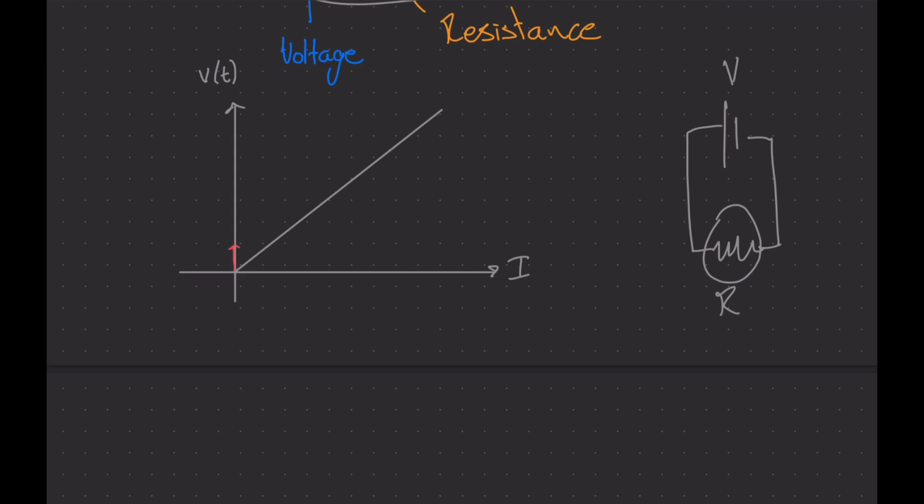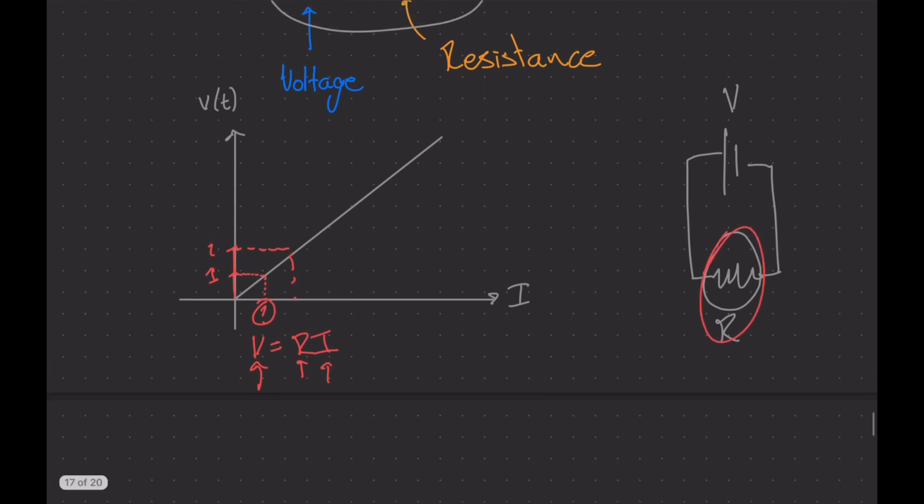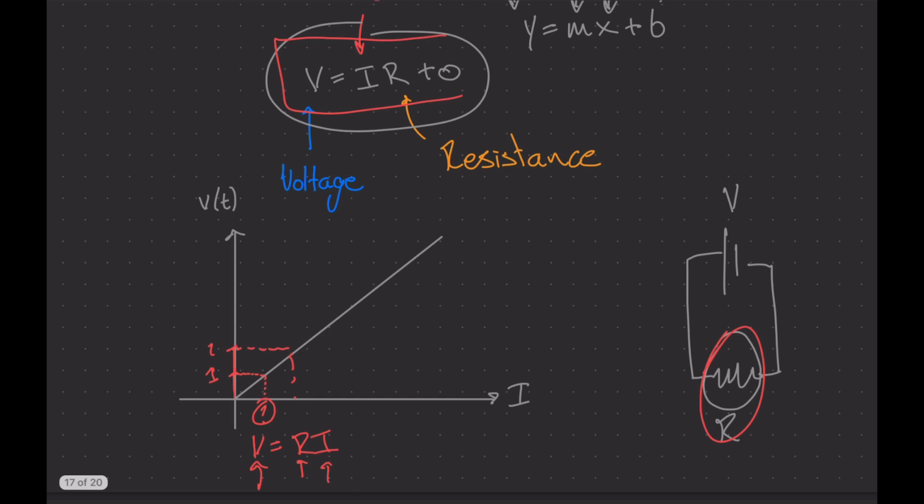So if I jump up to 1 volt here, then the current jumps up to some amount. Where do you get this amount? Straight from the equation. V equals, let me write it in y equals mx plus b form, R times I. So if you have the resistor, you can do some algebra and calculate what current this would be. And you can see the same thing happens if I increase to 2, then I also increase the current through this resistor. So that is an important thing to know, Ohm's law.